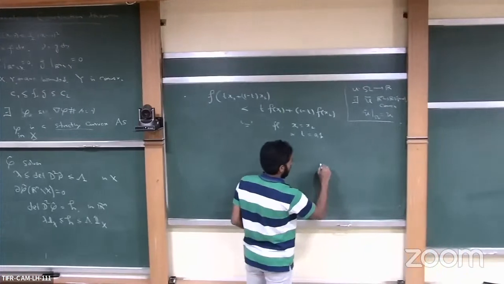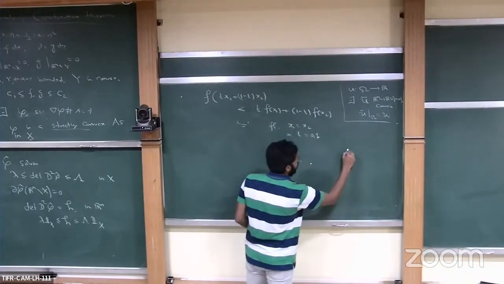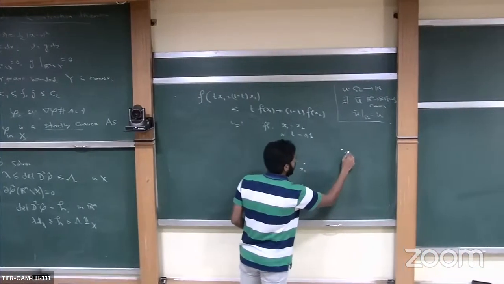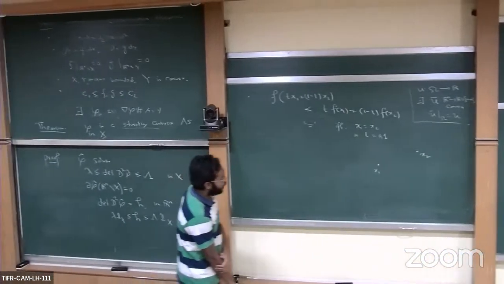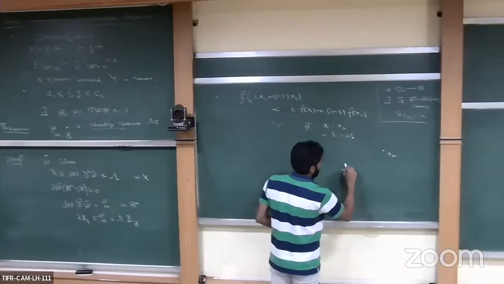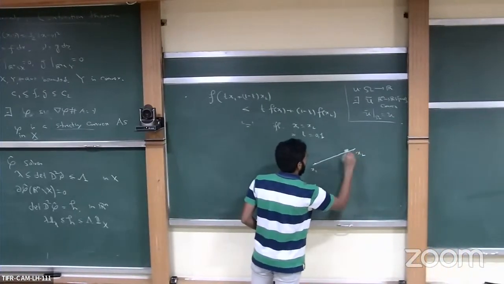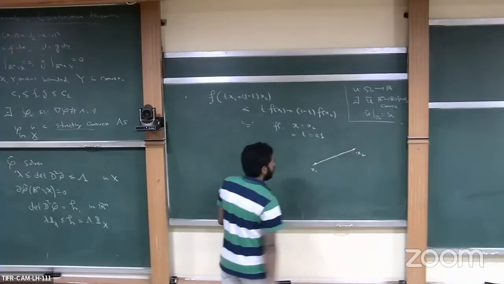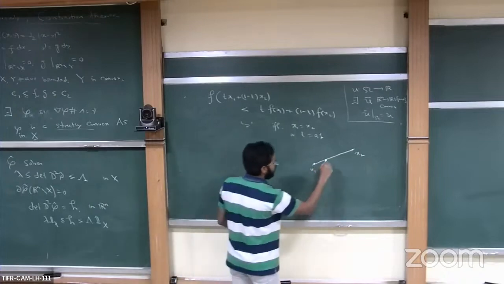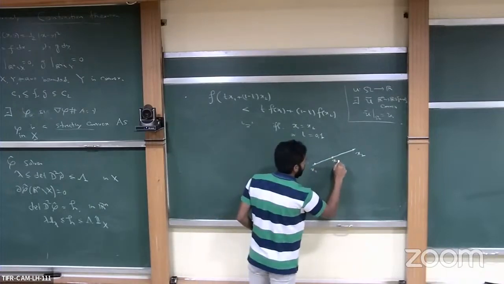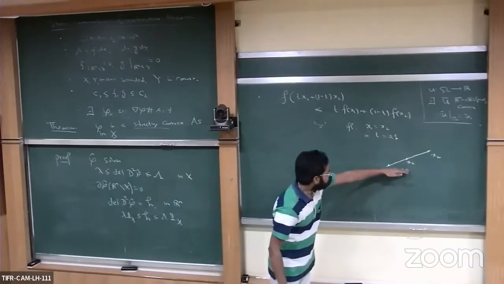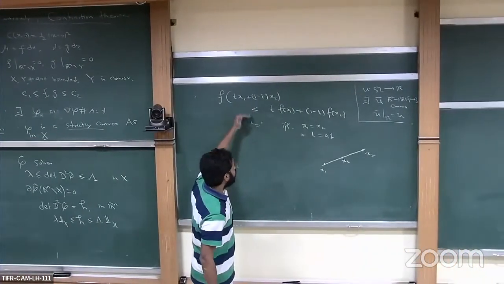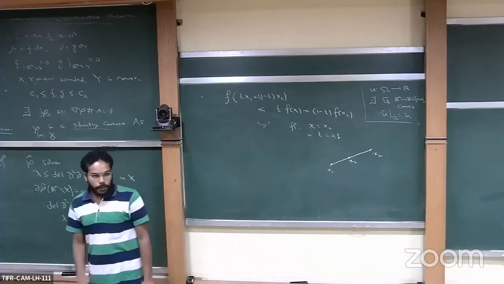Pictorially, what is happening? Let's suppose you have two points x1 and x2. Suppose it's strictly convex, then let me draw the line here. Suppose at some intermediate point, let us call it xt, the strict inequality should hold, right? Okay, so that is the point.